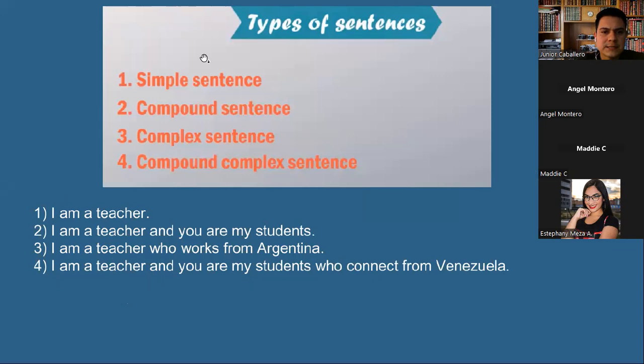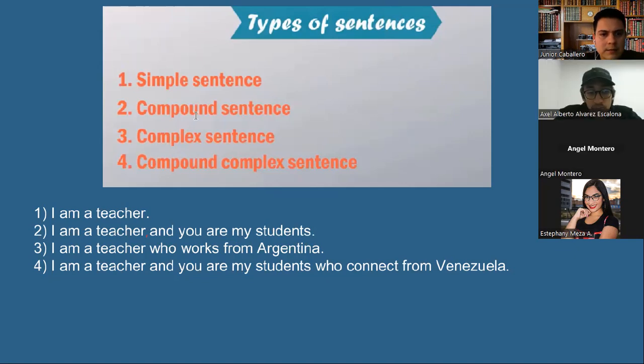What type of sentence is that? Compound sentence. Which is the coordinating conjunction there? And. Okay. I am a teacher, is it a dependent clause or an independent clause? Independent clause. And you are my students, is it dependent or independent? It's the same.